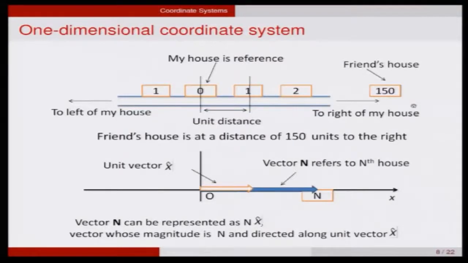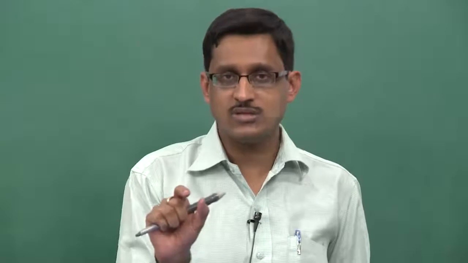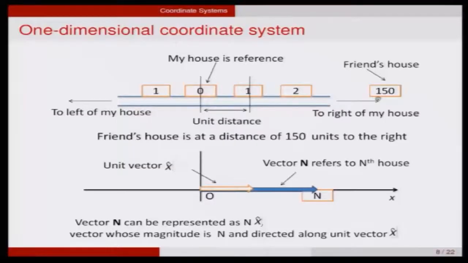So, I want to specify distances out there, but you see what I did over here, I had a distance of kilometer, meter, centimeter. How was this unit of measure formulated? Let us look at this. I have all these houses, and again, see that I am using my coordinate system.